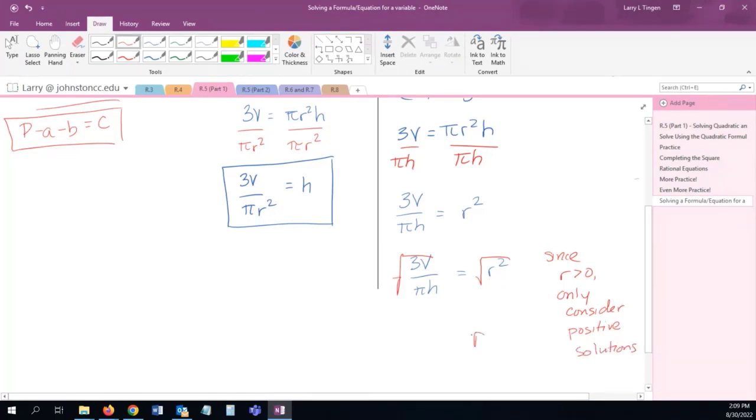So that means r is equal to the square root of 3v over pi h. If I was not told that, I would need to consider all the values that make this positive, the square root of 3v over pi h, and all the values that make it negative.